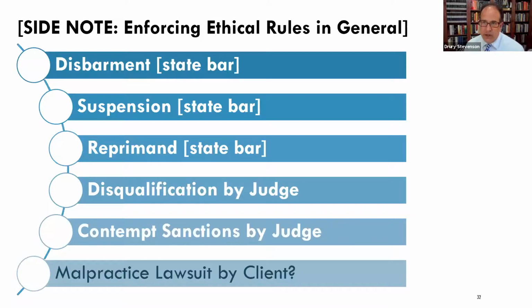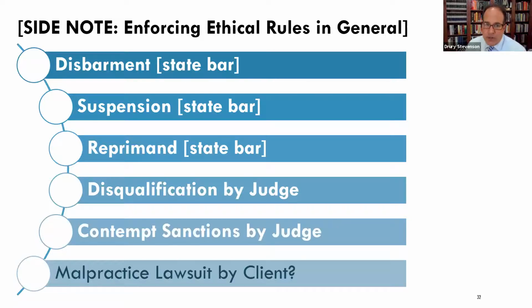It's very rare that you see a disciplinary action over conflicts of interest. It does happen. And I don't think a year goes by in any state where you don't get at least some of these, but it's not the most common. And state bar disciplinary actions in practice are not the main way the conflicts rules are enforced from a legal realist perspective.